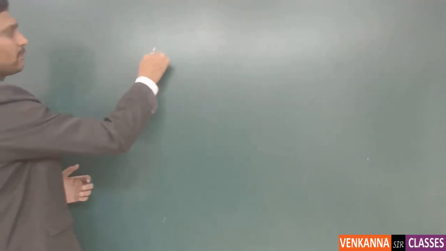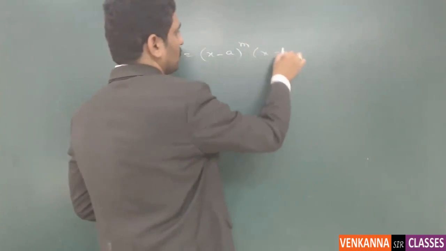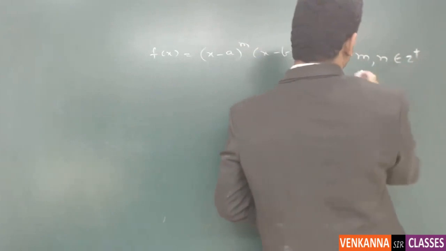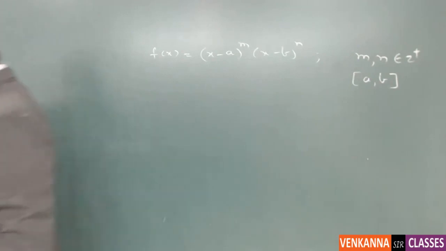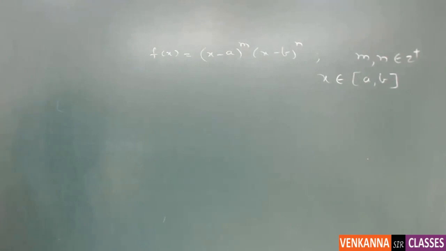So this is the problem. Please take a note of the function. f of x is defined by x minus a whole power m into x minus b whole power n, where x is a point taken in the interval ab and m, n are positive integers.